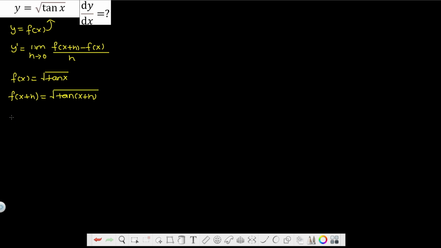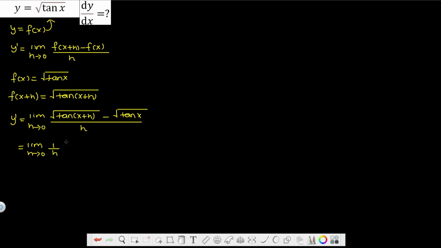So our derivative will be y dash equals limit h tends to 0 of the square root of tan x plus h minus the square root of tan x over h, equals limit h tends to 0 1 over h.